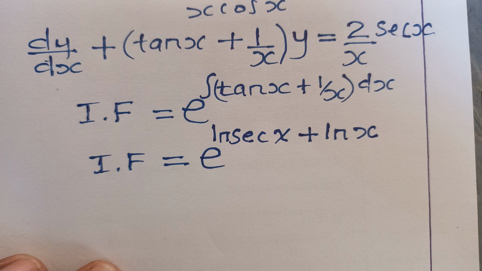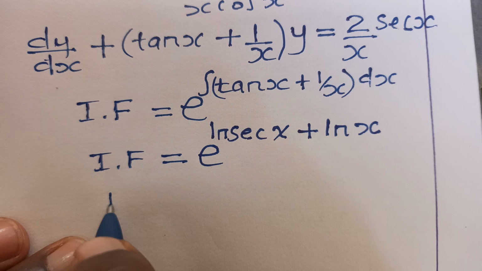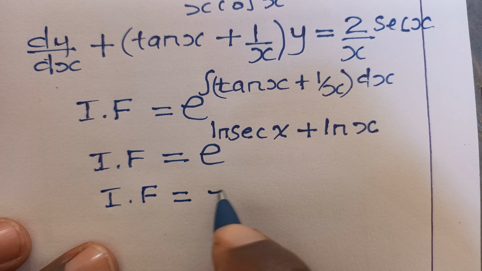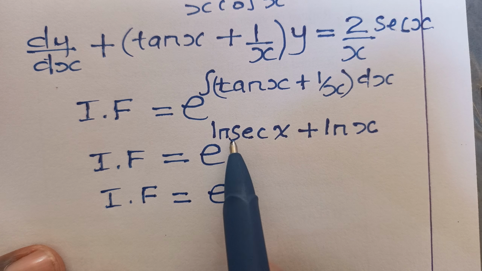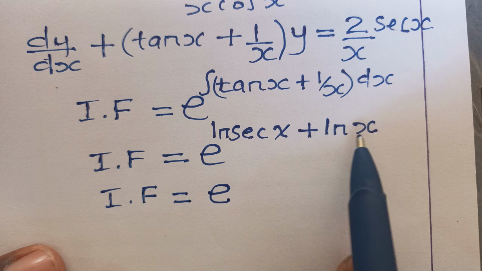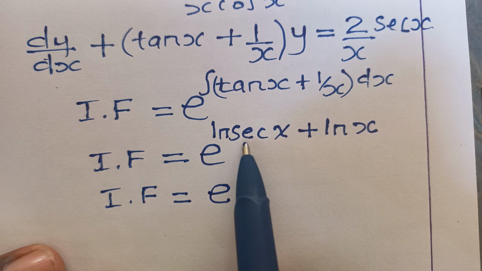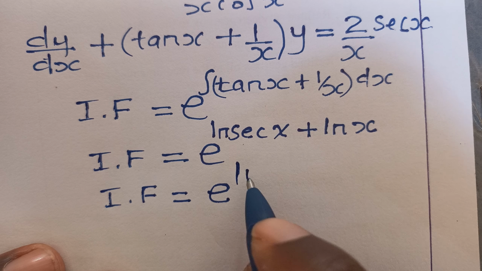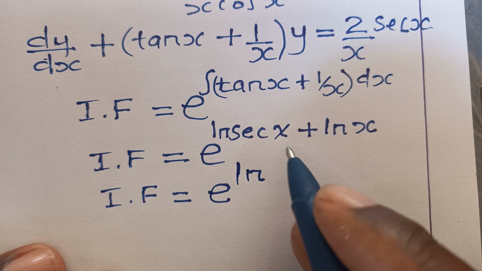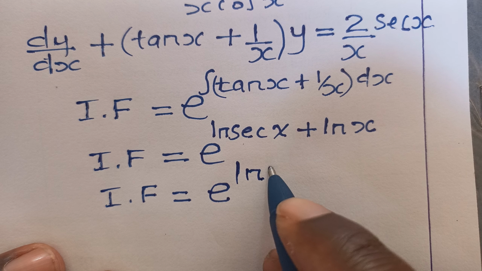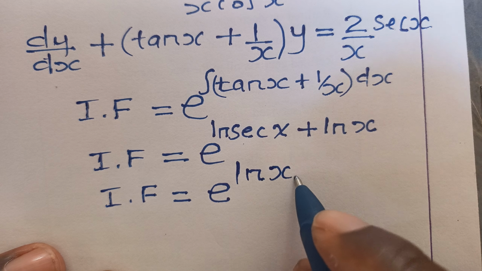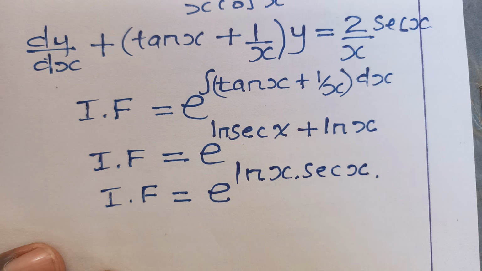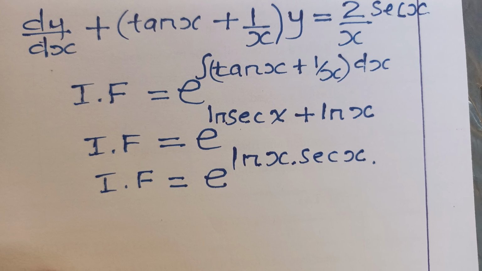We continue. We now have the integrating factor equal to e. We can combine these two using the laws of logarithm. When you have two logs added together, that comes to natural log of sec x multiplied by x, or x multiplied by sec x. So that's what we get.